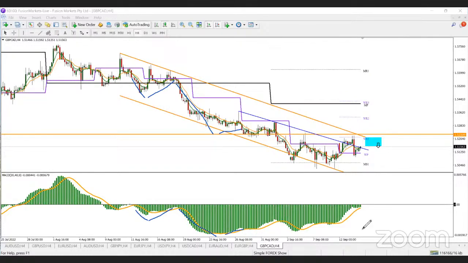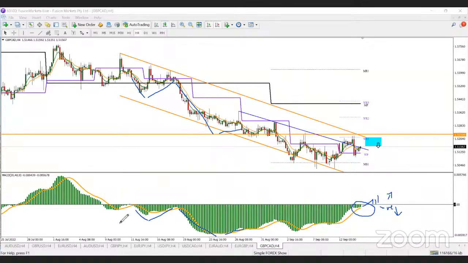If the histogram is close to 0, but still in the negative space, then I would be looking for short. When it crosses over and starts to be positive, then I would be looking for long and a potential change in the direction. So that's how I use the MACD.